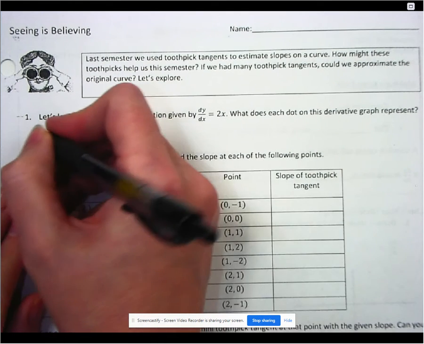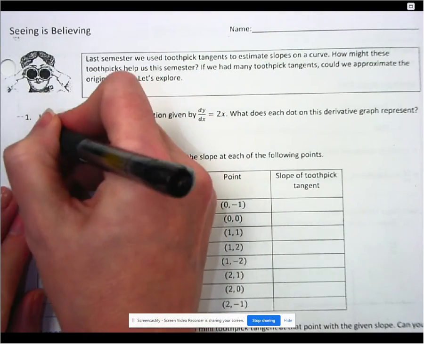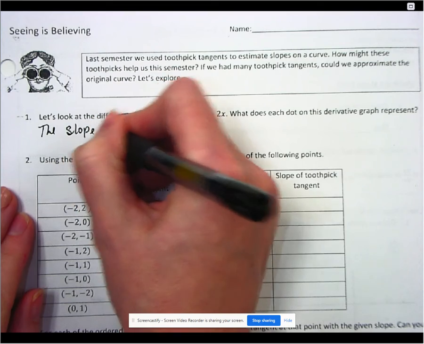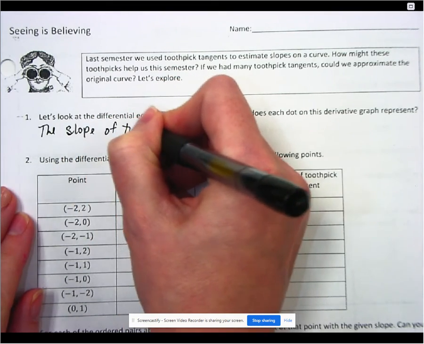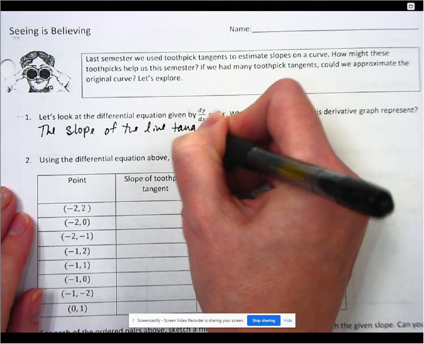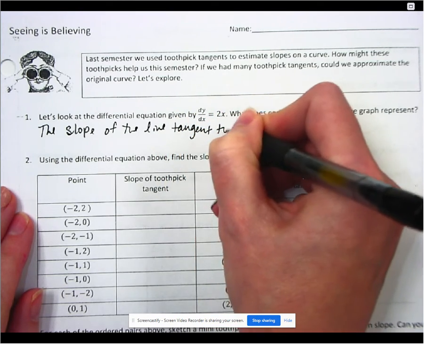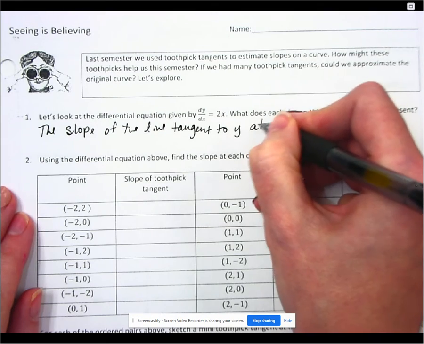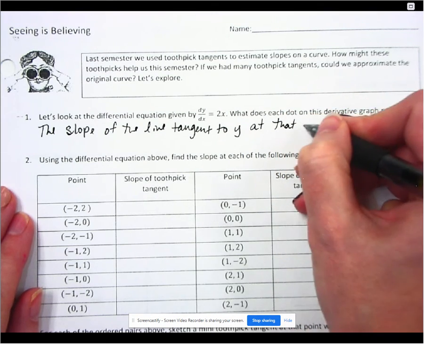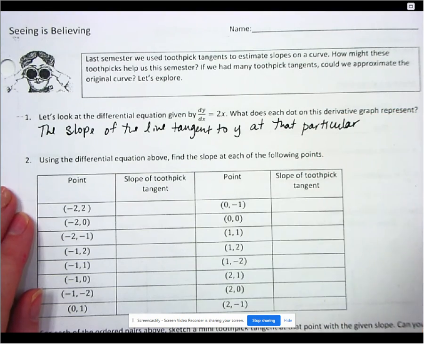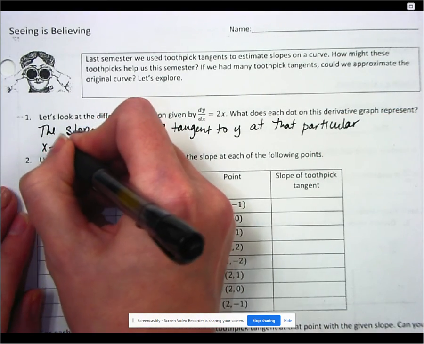So each dot represents the slope of the line tangent to y at that particular x value.